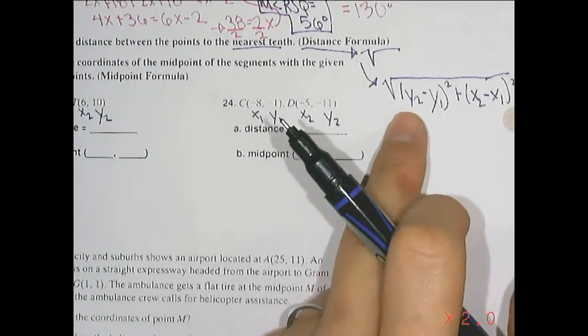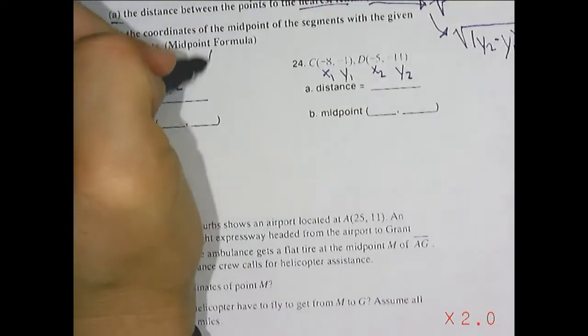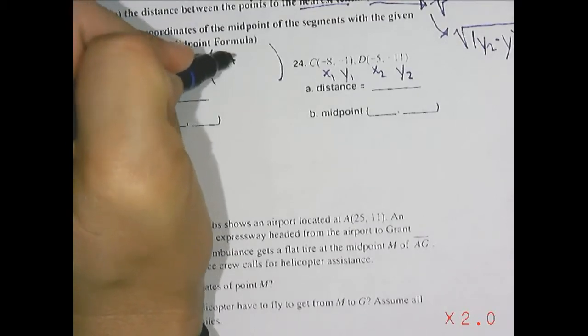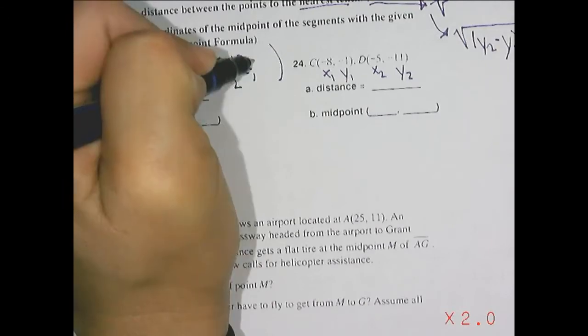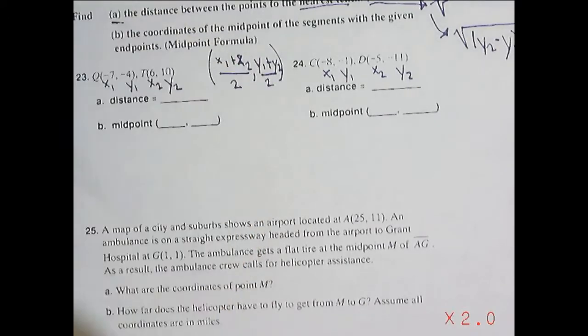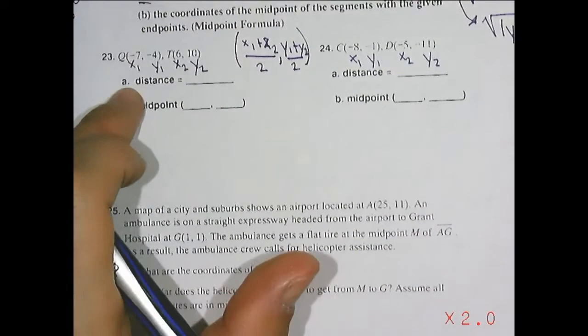So that's the distance. The midpoint formula is a little different. It is x1 plus x2 divided by 2, and then y1 plus y2 also divided by 2. Okay, those are our two formulas, and that's what we're doing for this.